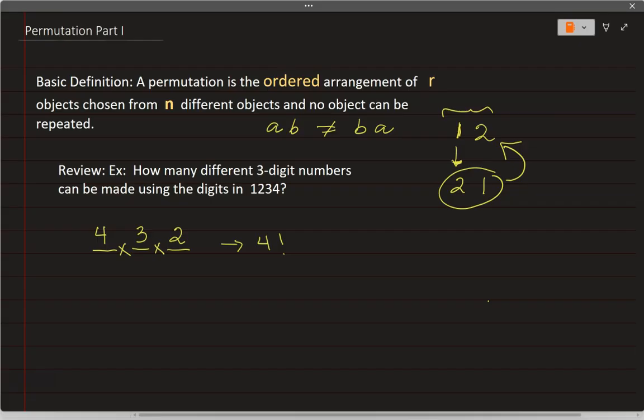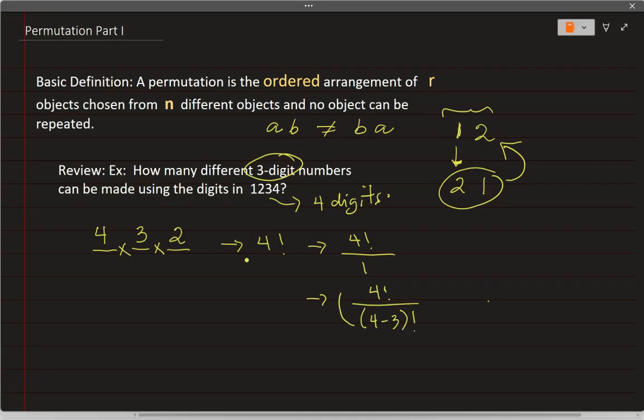Now, here is the manipulation of this thing. I could have written this as 4 factorial over 1, and include the 3 and include the 4 digits here. Well, I can rewrite this as 4 factorial over, and I want to get 1, so I can do 4 minus 3 factorial, which will end up giving me 1, by the way, right?